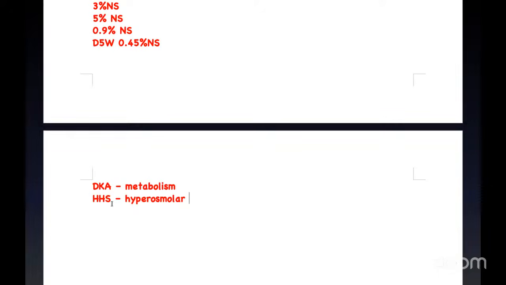In HHS, you have too much glucose, your fluid becomes hyperosmotic, and it causes diuresis. That's why there are no ketones. Your pH doesn't change, and this is what you are looking for. Make sure you know how to distinguish between them. There's metabolic acidosis for DKA due to the metabolism. Pay attention: in HHS, it's all dehydration from the hyperosmolar issue.